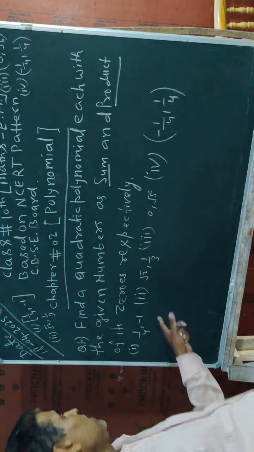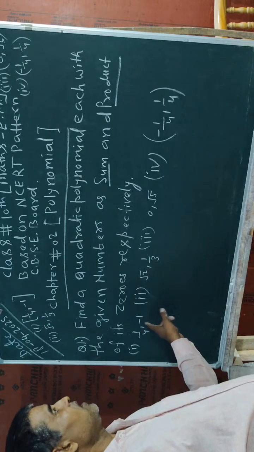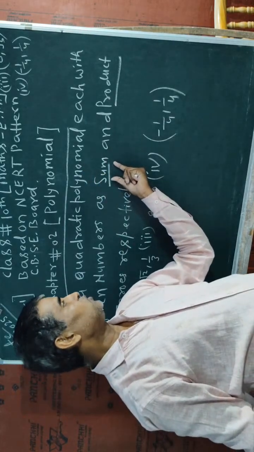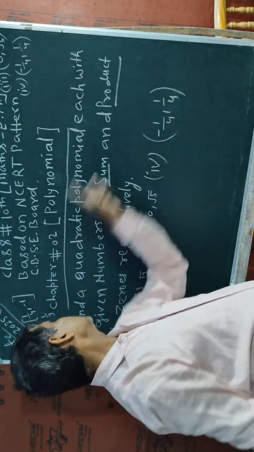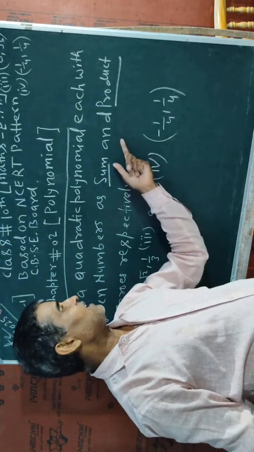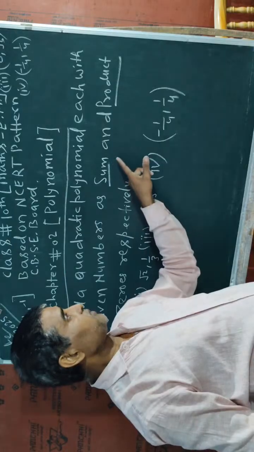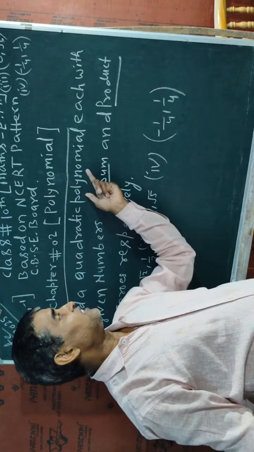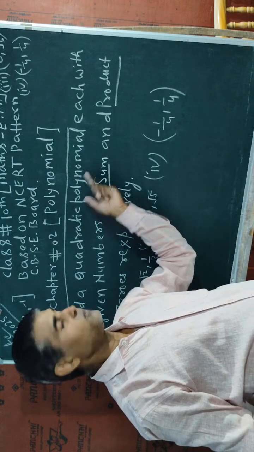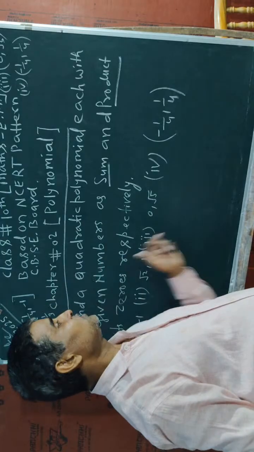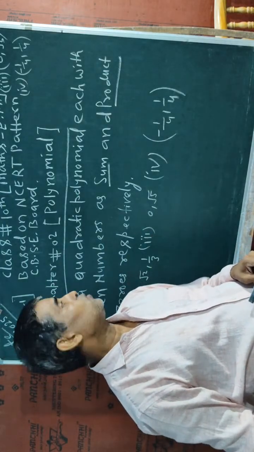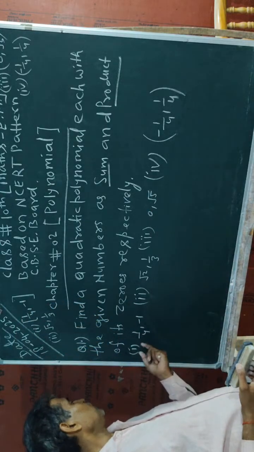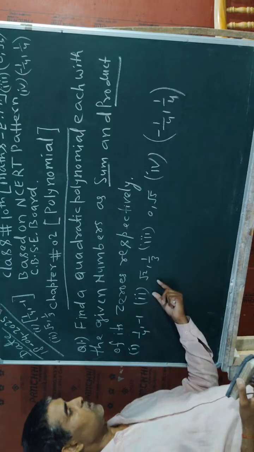So now I am going to solve question number 1, and this information I have already set in mind, because the sum of the zeros and the product of the zeros are already given, so some data are available here, and for the other information I will write the general quadratic polynomial, and in that general quadratic polynomial I will put the given information. Then I will say that is the required polynomial according to the given information. That is one information. This is the second information.